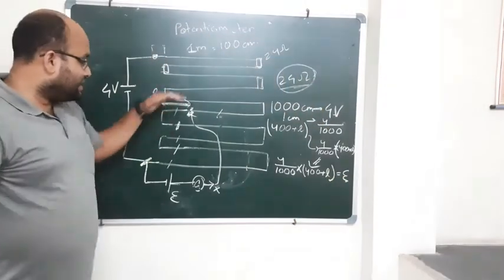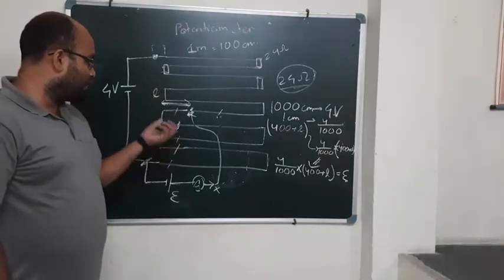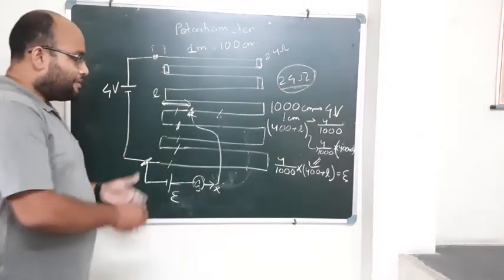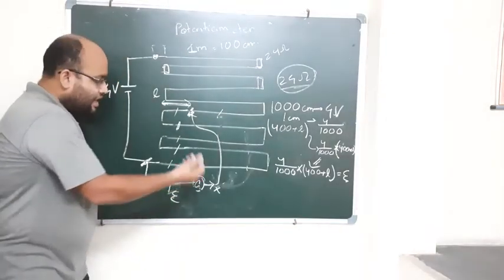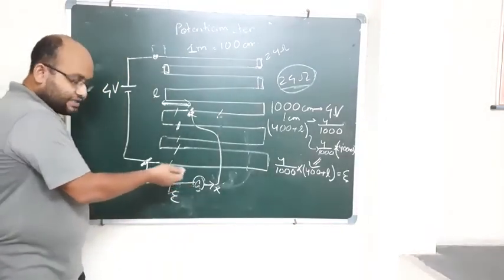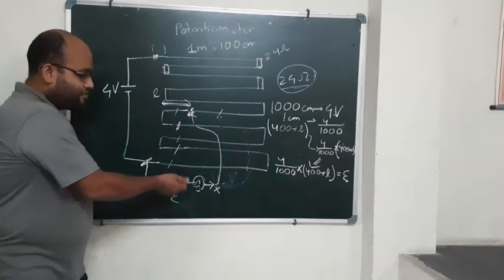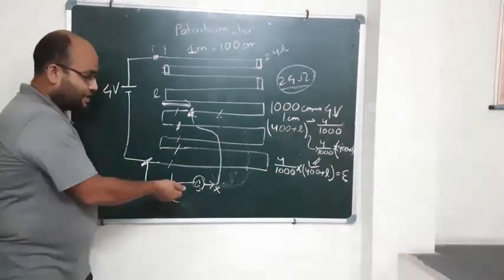In this practical, we can perfectly measure the EMF of the cell because no current flows through the cell, as I told you earlier, so there is no potential drop inside the cell.